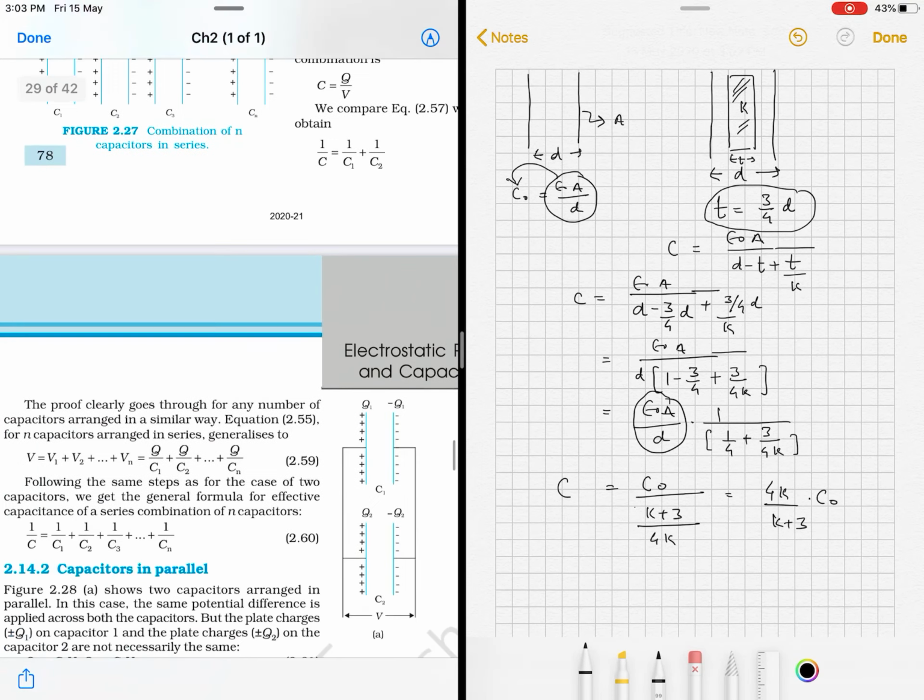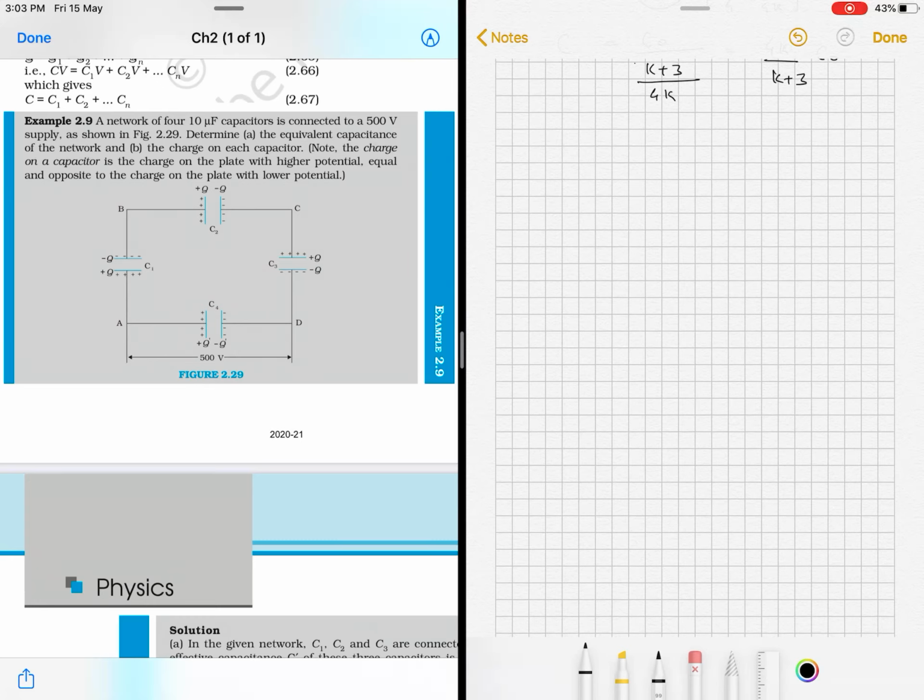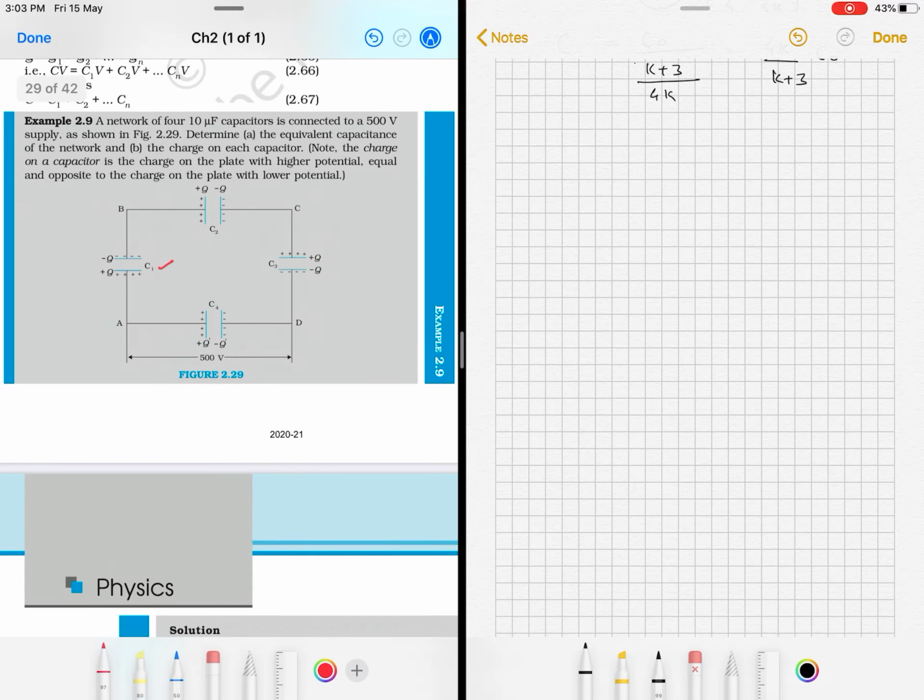Example number 2.9. Here a network of capacitors is shown. Each has capacitance 10 picofarad: C1, C2, C3, and C4 are each 10 picofarad. First we have to find the equivalent capacitance of the network.